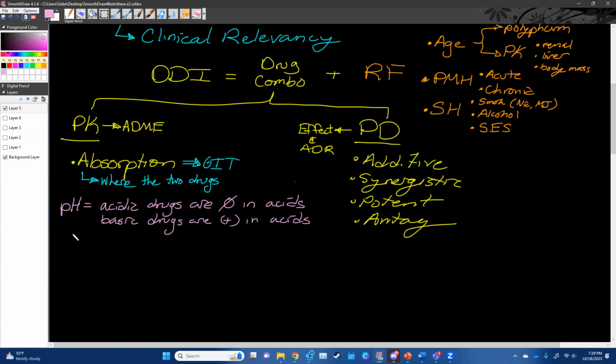Luckily, the majority of drugs are acidic in nature. And so we can talk about a collection of drugs that require acidic conditions. First of all, how do we make the stomach more acidic?